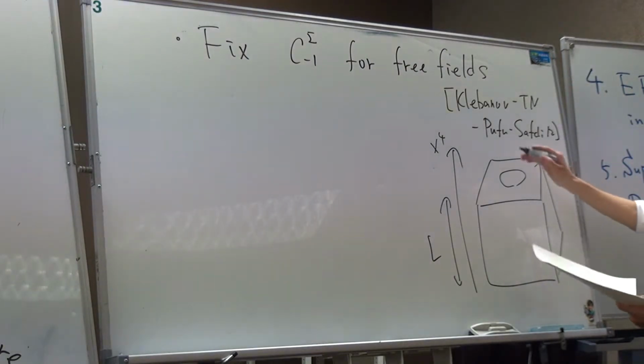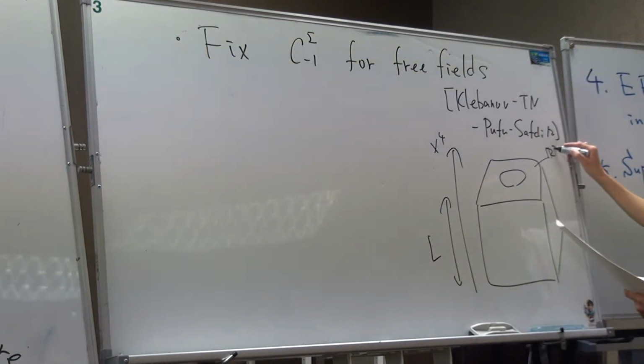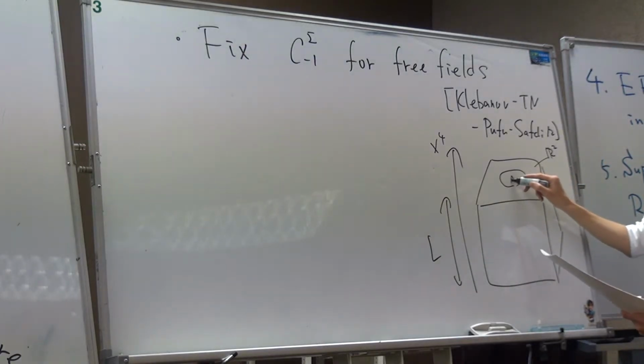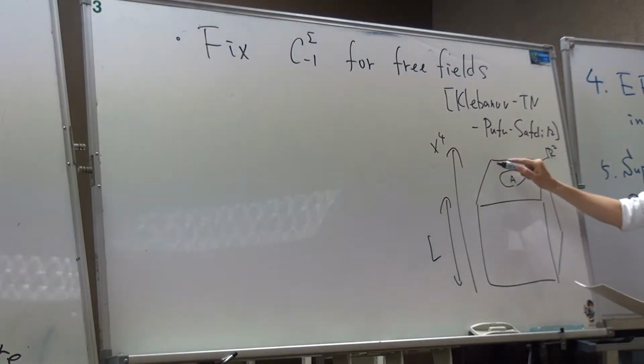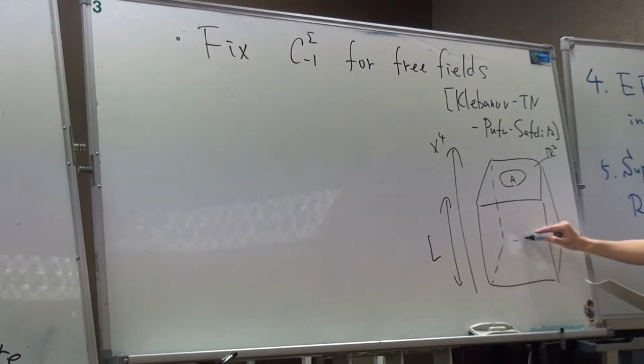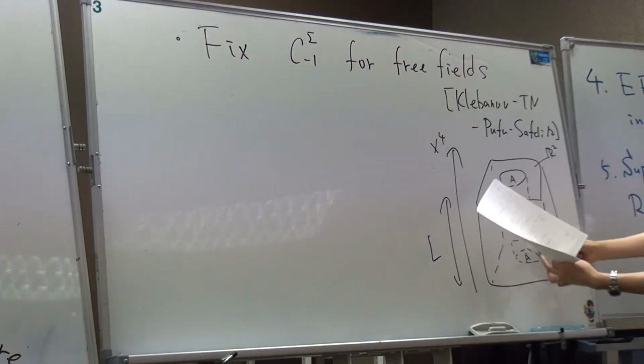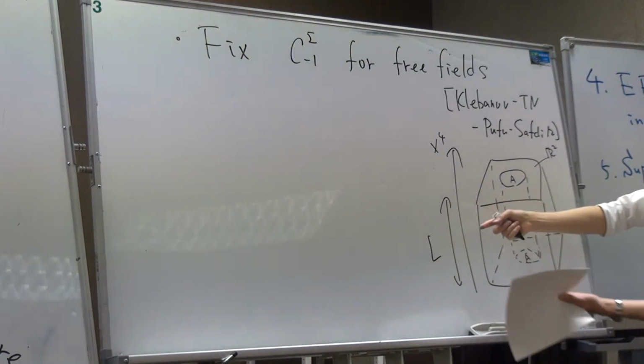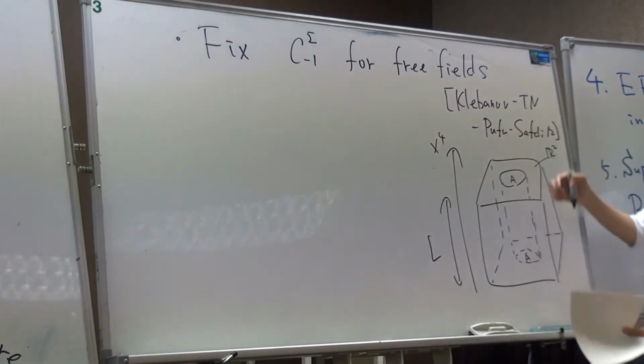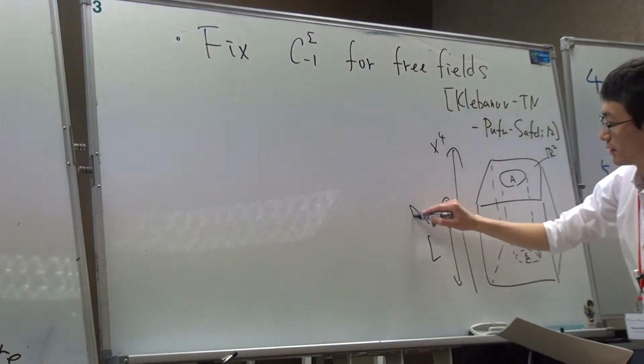So this slice is supposed to be R2. And here I have my region A, but I extend this region into the 4-dimensional direction. So here I have some cylinder-like geometry, but actually I identified both directions. So this is S1.